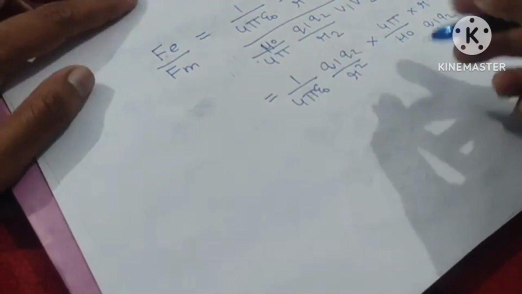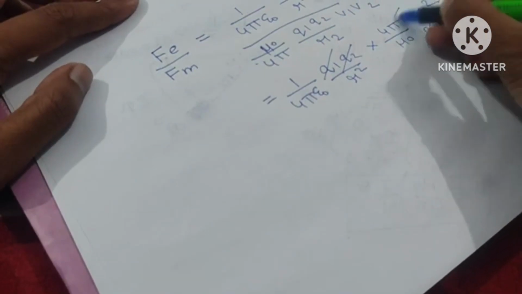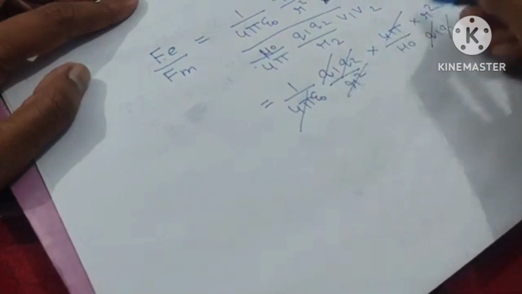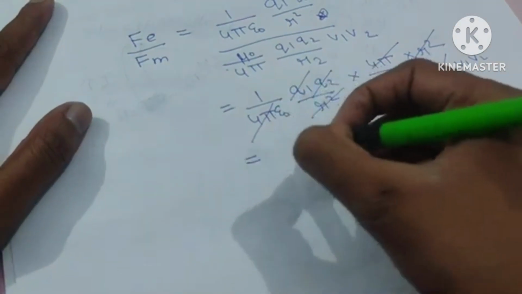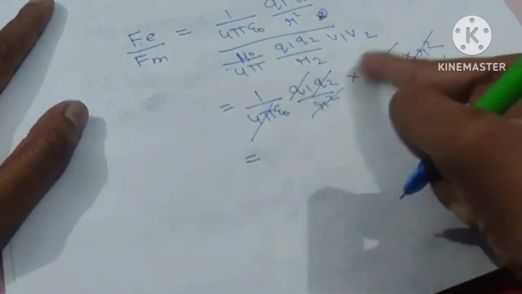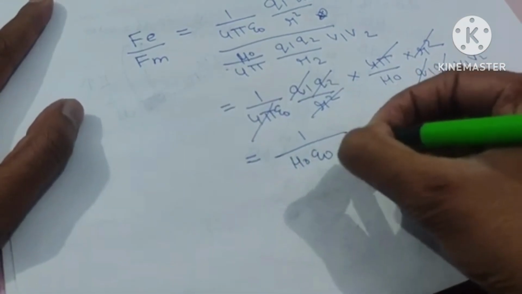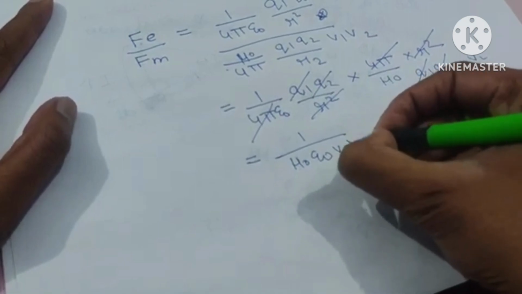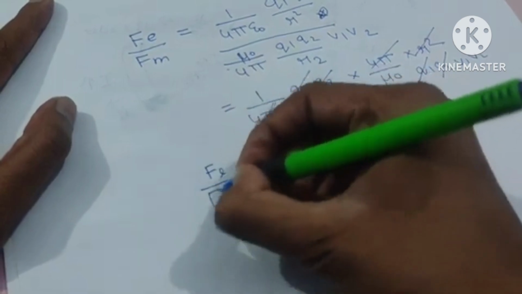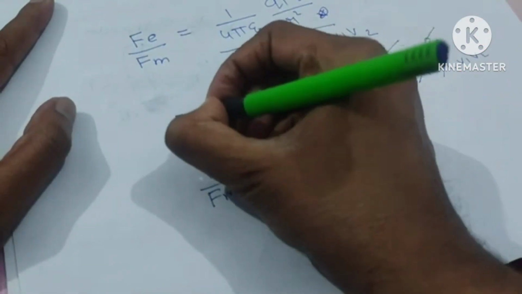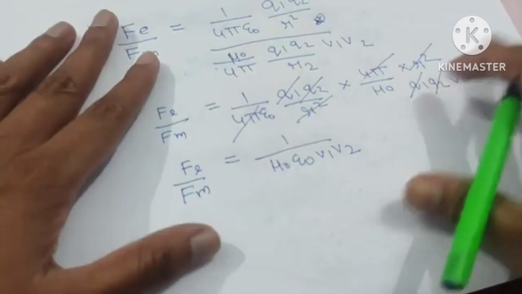Okay, so here q1 q2 and 4 pi r square will cancel, and we're left with mu0 epsilon naught v1 v2, so it will be Fe by Fm.